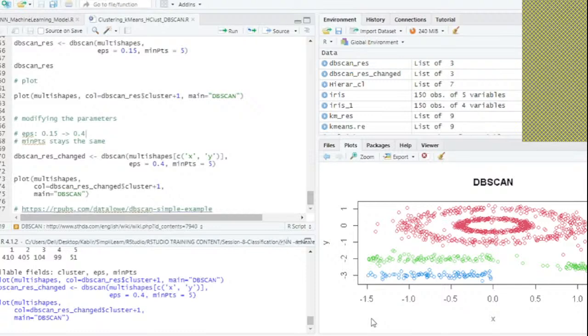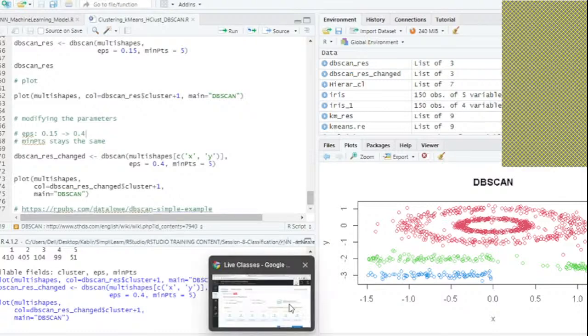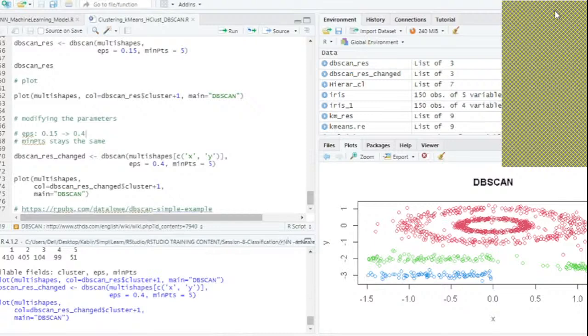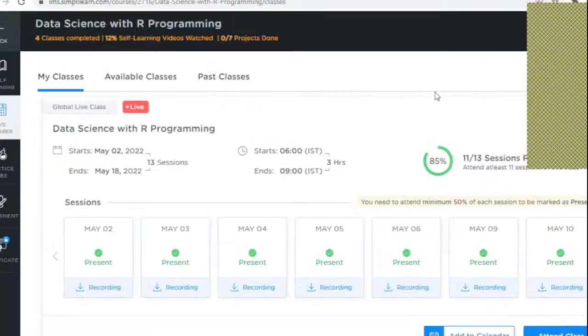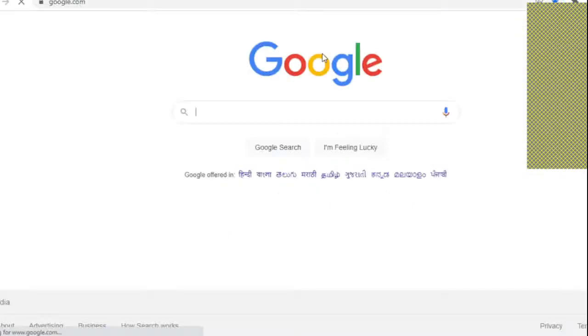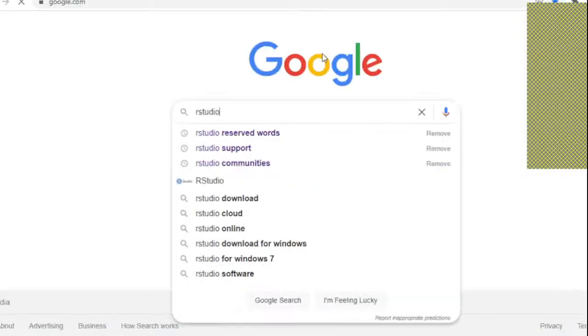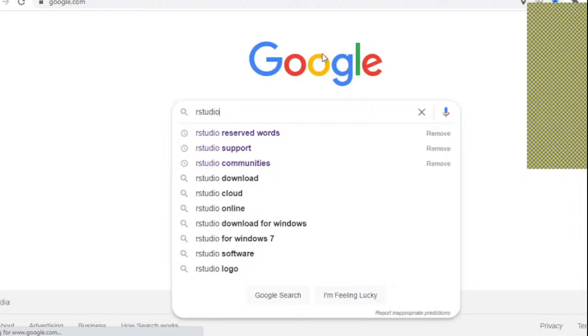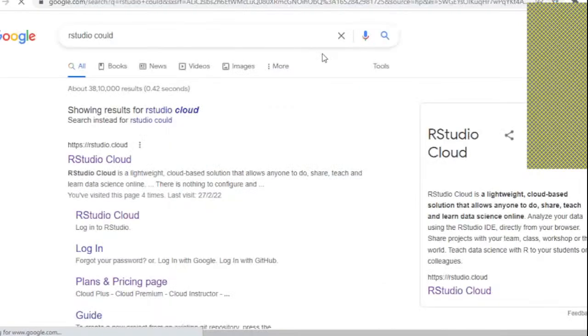Did I show you RStudio Cloud? No. Okay. As I said, our community is really competitive, getting competition from all corners, and so many new packages are coming up. I'll show you RStudio Cloud.